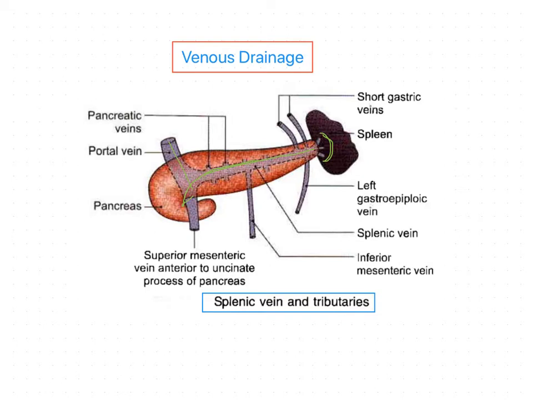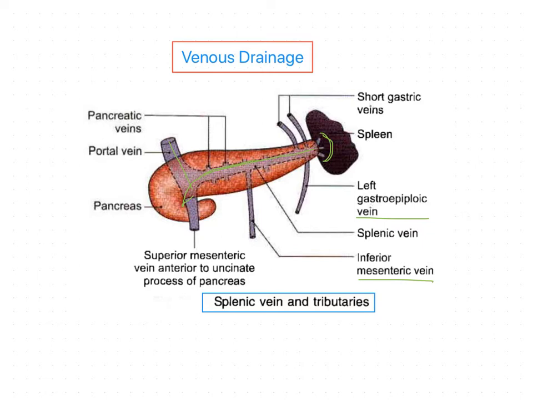Its tributaries are the short gastric, left epiploic, pancreatic and inferior mesenteric veins. These are all the tributaries of the splenic vein.